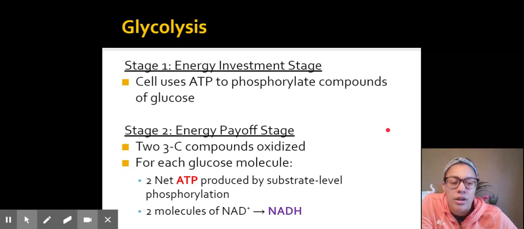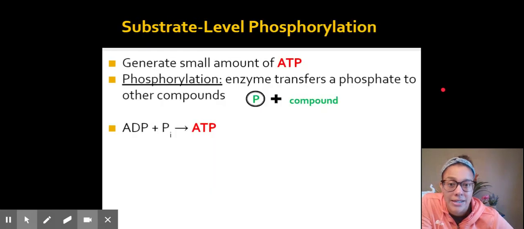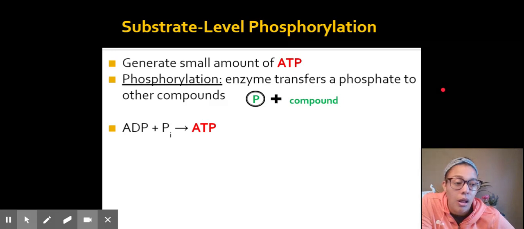So in your book, in OpenStax, there's a simple version and diagram that goes through the energy input and energy output of glycolysis, which I like. And then there's the really complex version as well that goes through all of the details, which I'll show you in a moment.